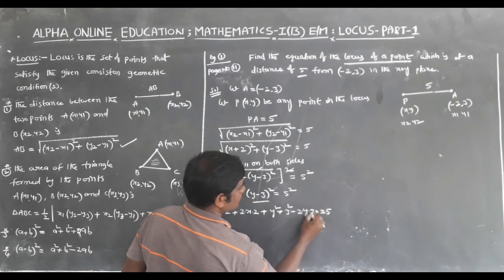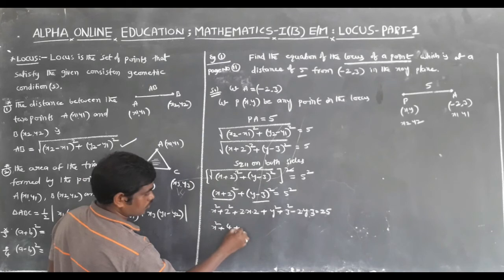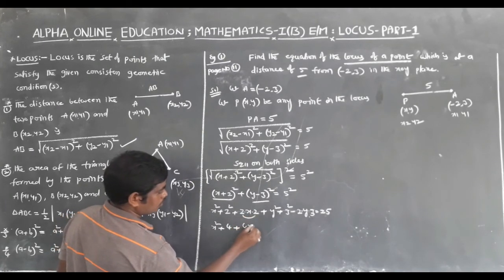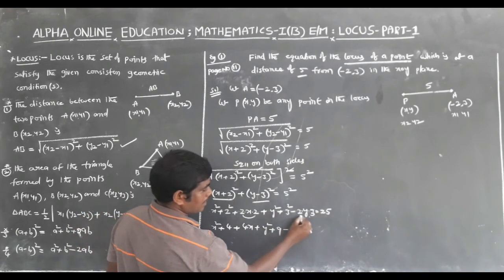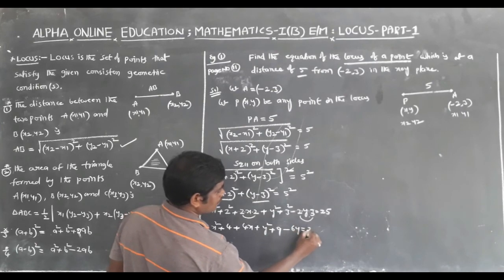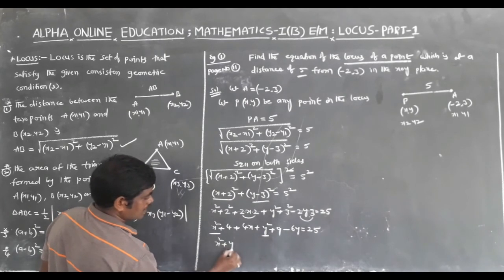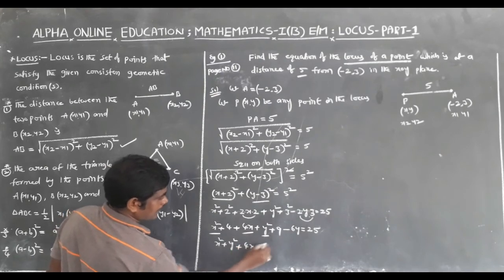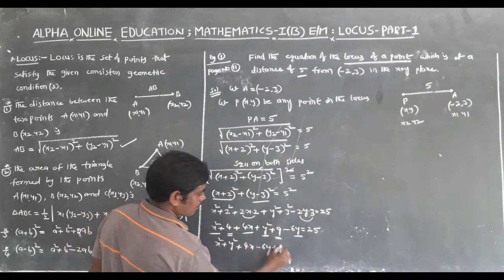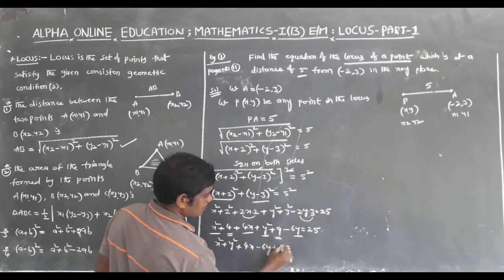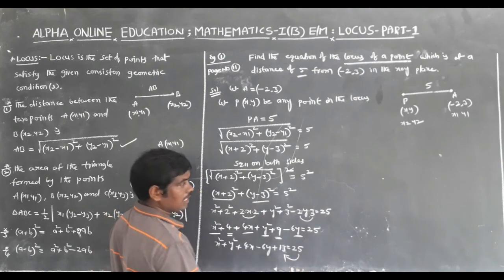This equals 5 square, that is 25. So x square plus 4 plus 4x plus y square plus 9 minus 6y equals 25, that is x square plus y square plus 4x minus 6y plus 4 plus 9, which is 13, equals 25.